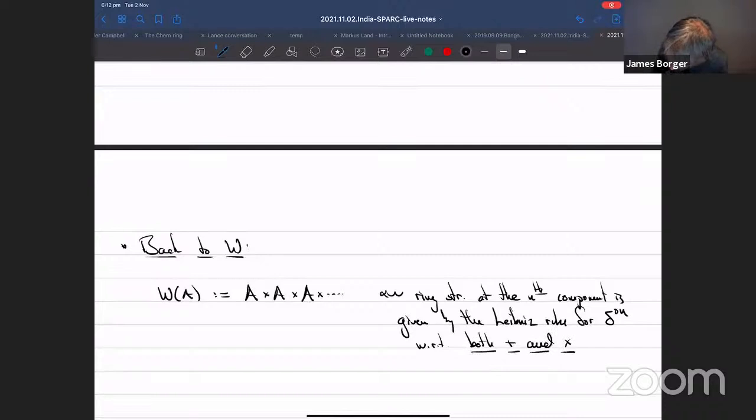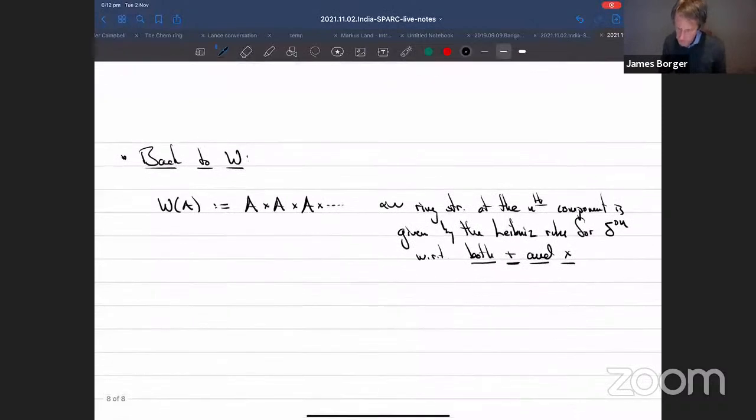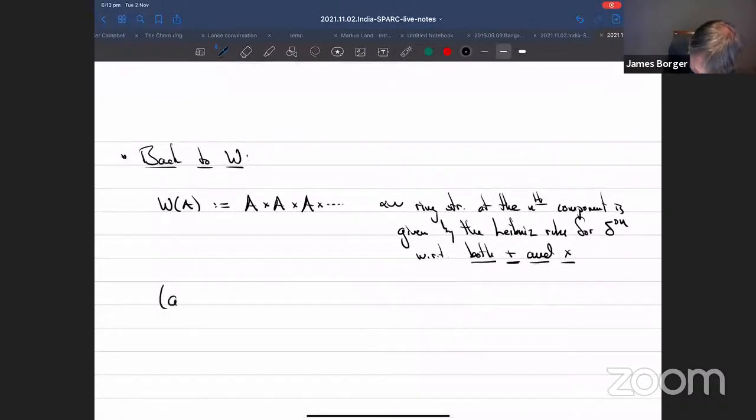So when I say ring structure, the additive part of the ring structure is given by the one corresponding to addition, and the multiplicative part is given by the one corresponding to multiplication. So we can just write out what these are for at least the first two components.